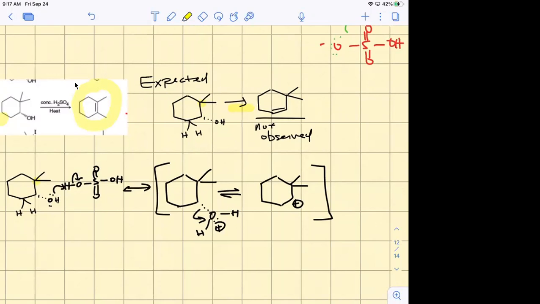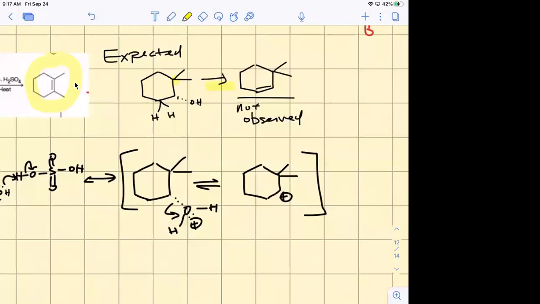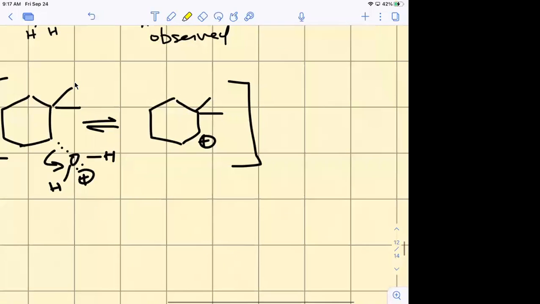Some type of rearrangement happened because one of those methyl groups from up here moved, didn't it? All right, so when you look at this carbocation, this is a secondary carbocation. Now, if you put the plus charge here, that will give you a tertiary.